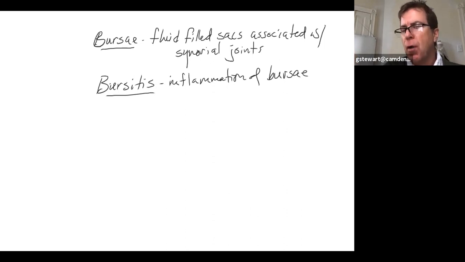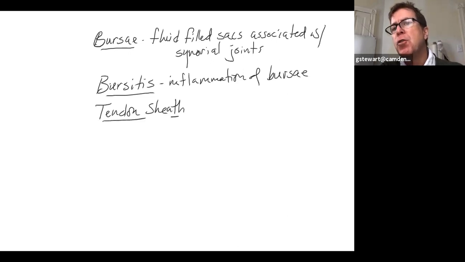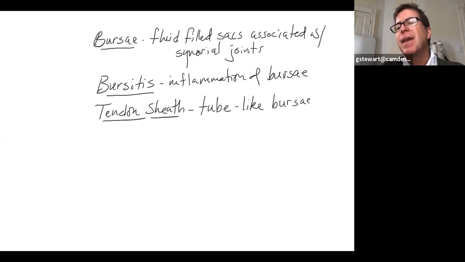And that's from overuse, typically. And a tendon sheath, I mentioned this, I believe, at our last visit, but this is a tubular-like bursa that specifically encases muscular tendons.